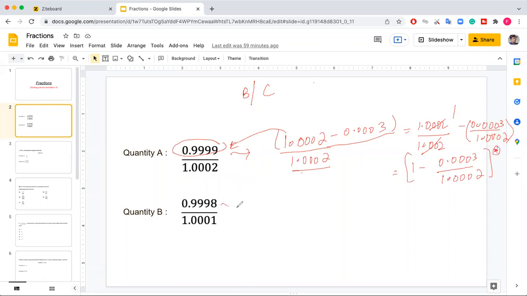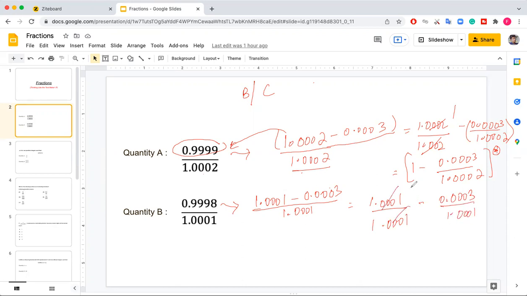Now let's move to the B part, and we can also write in the same way as 1.0001 minus 0.0003 divided by 1.0001, right? And if I proceed further, this will be 1.0001 divided by 1.0001 minus 0.0003 over 1.0001, right?